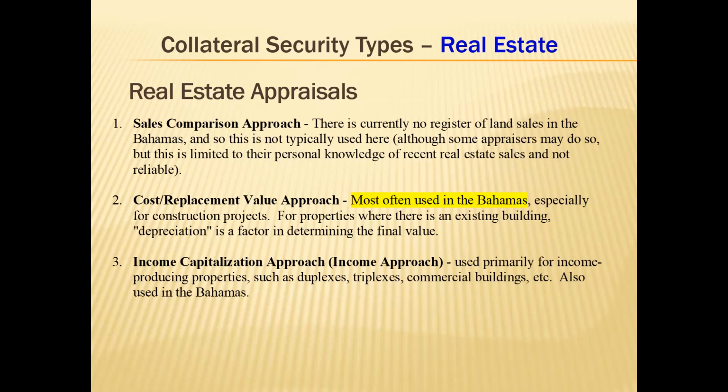Okay, but we're in a situation now where most financial institutions will ignore the cost replacement value and look simply at the sales comparison approach, which again, I fault the real estate agents, because they've gone off to college or school or whatever it is, learned how to do appraisals, and you should be examining the three approaches and coming up with whether you use a straight average or you have one with more emphasis than the other, but you should not discard.